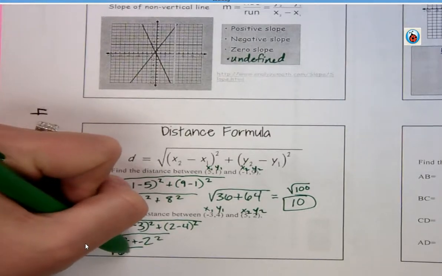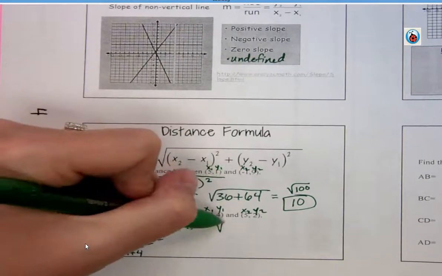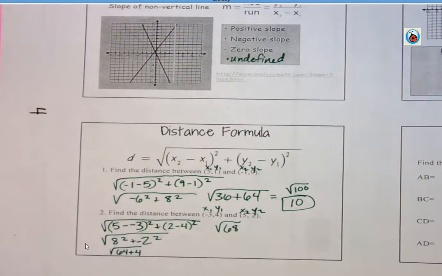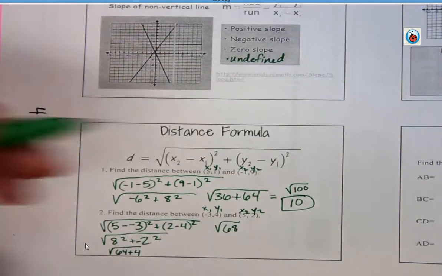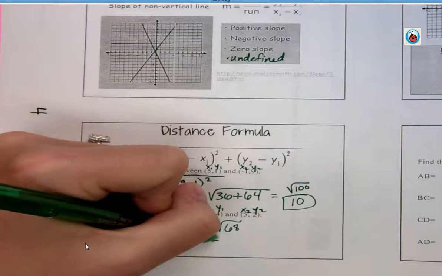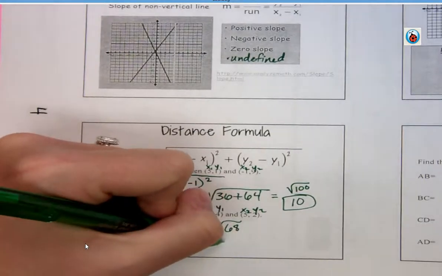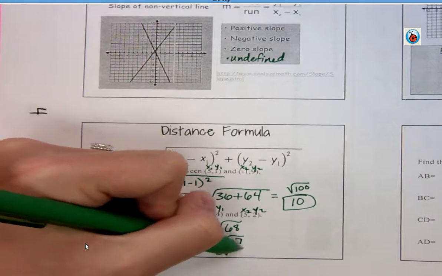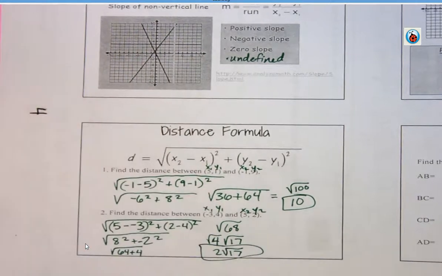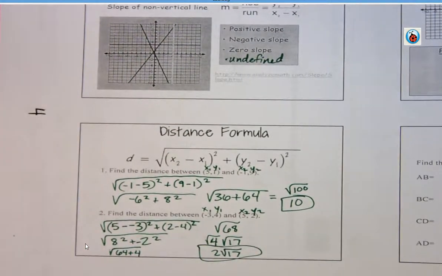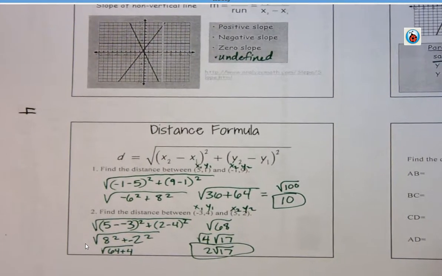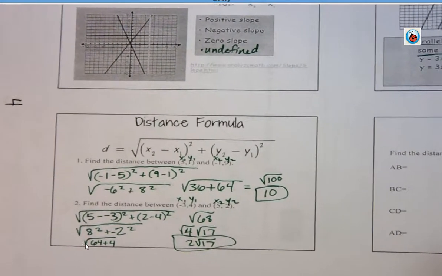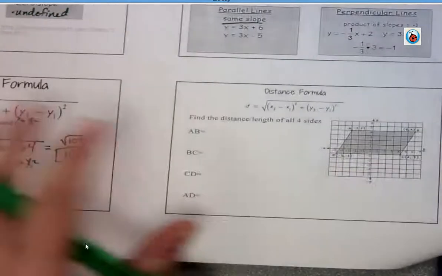So 64 plus 4. Now we've got this square root of 68. That can be simplified. We don't want decimals. We want to know that 4 and 17 go into 68. So it becomes 2 root 17. Okay, that was a pretty quick crash course, but we've done this a lot before. So you can rewind it if you have any questions.